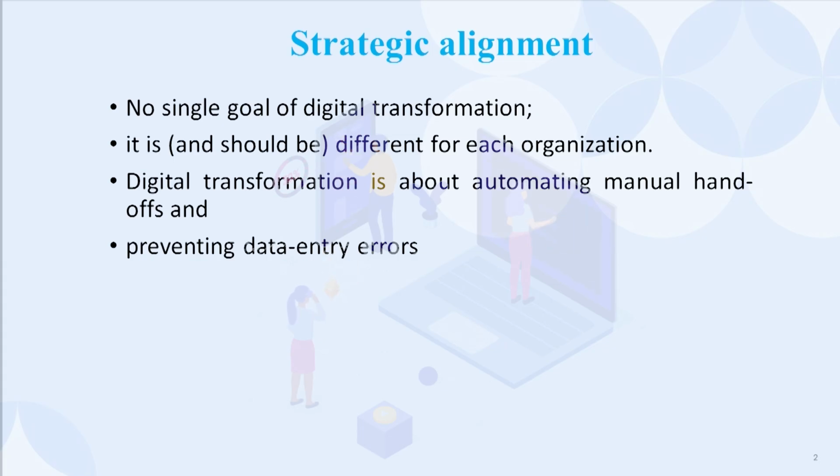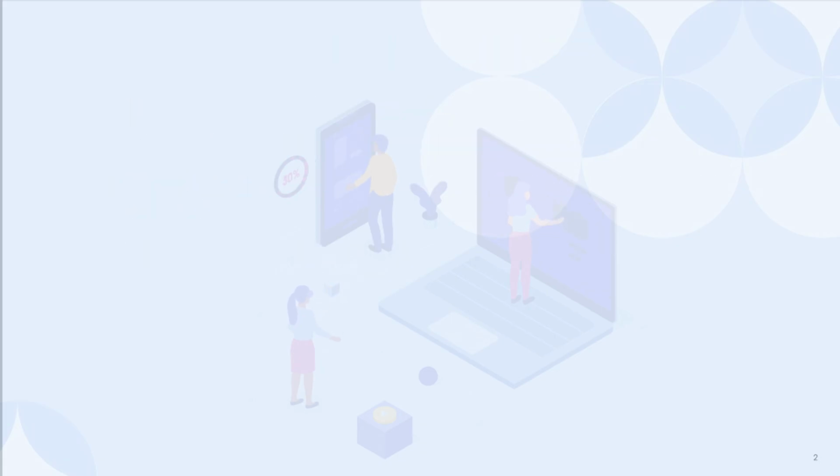Then digital transformation is about automating manual handoffs and preventing data entry errors. Manual handoffs means that we should not do anything in duplicate, it should be error free, and that prevents entry errors, because once you correct data, it will be corrected everywhere. So every data sheet needs to be checked for data errors.